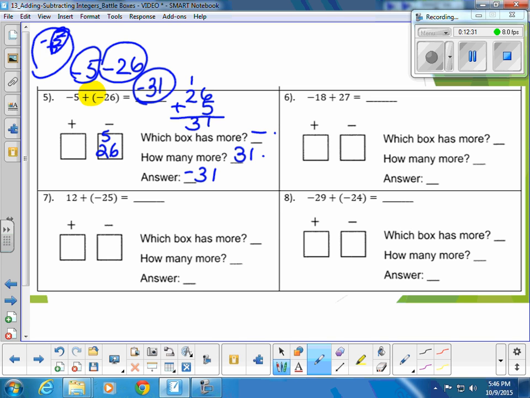Okay, for the next one, do I have a double sign in the middle? I do not. I only have a plus sign, so that's just a single digit. So circle your negative 18, circle your positive 27. The negative is going to go in the negative box. Positive is going to go in the positive box. Now, which box has more, 27 or 18? 27 is the bigger box, so put a plus sign for which one has more.